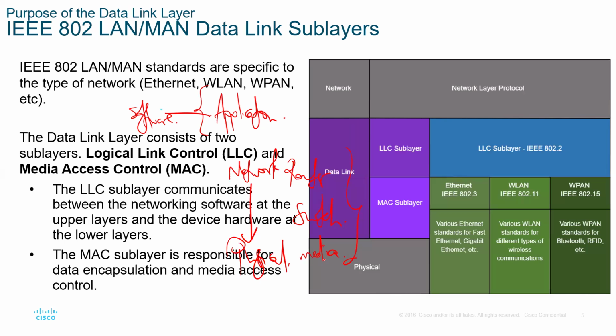Now, what acts as an interface between the software at the upper layers and the hardware at the lower layers? This layer, the logical link control, acts as that interface. And its main responsibility is the translation that I've mentioned.